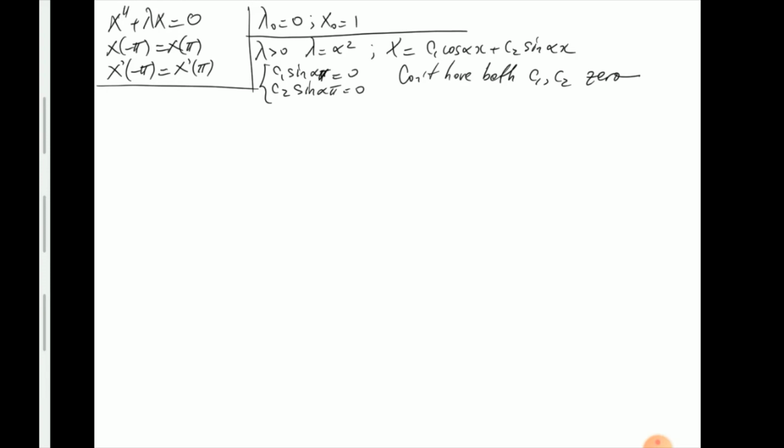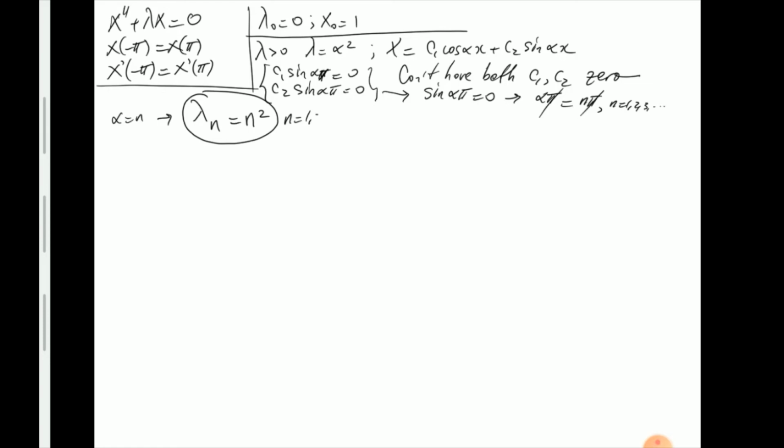So the only way for these two conditions to happen, assuming that c1 and c2 cannot both be equal to 0, is to have sine of alpha pi equals 0, which means that alpha pi must be a multiple of pi, just like in similar other examples. And that means alpha must be n, which means the eigenvalue, which at this point we might as well call lambda n, is equal to n squared, for n equals 1, 2, 3, and so on.